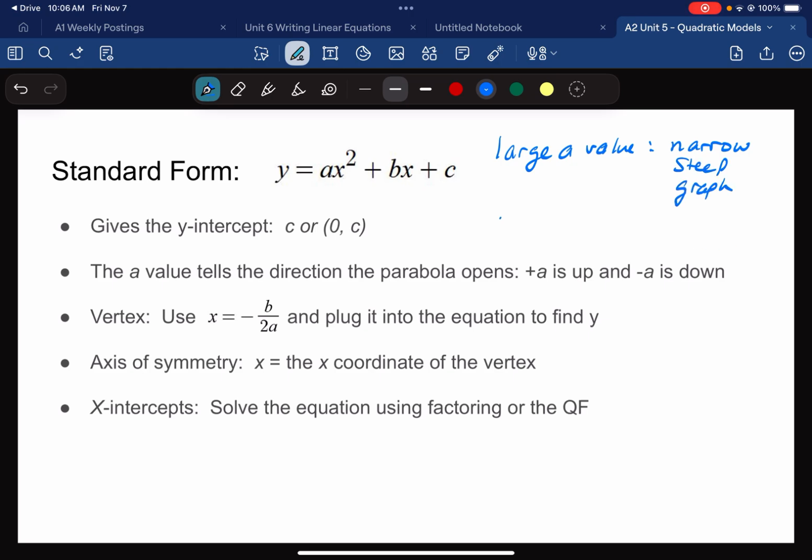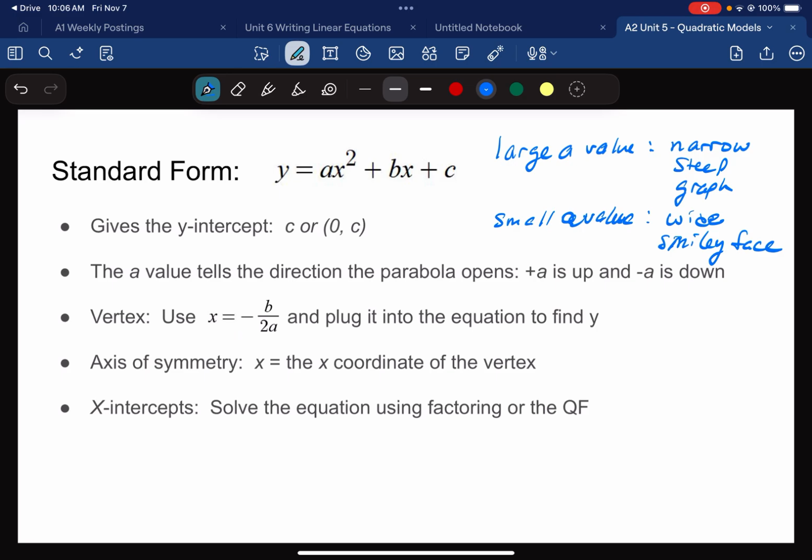And if you have a small a value, and I'm just talking magnitude here, not sign, the sign just tells you up or down, it's going to be wide, like a smiley face. It could open up and it could open down. That's what the sign on the a tells us. But the magnitude of a tells us how steep it is, kind of like slope.